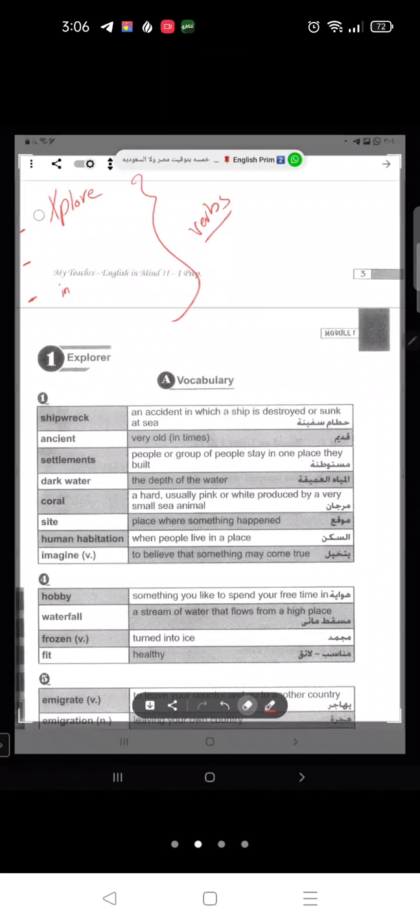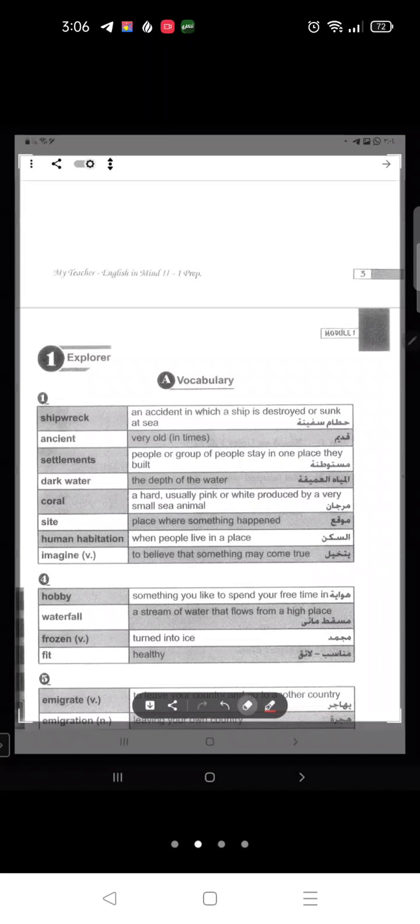Okay, very good. Let's move to number 2. Number 2, you must know the difference between these three words. Leave, depart, and emigrate.